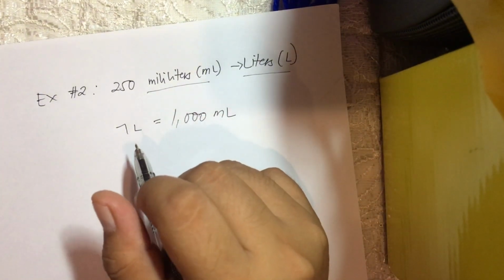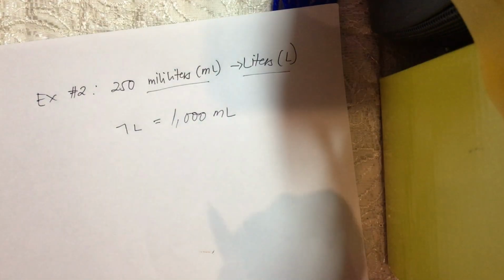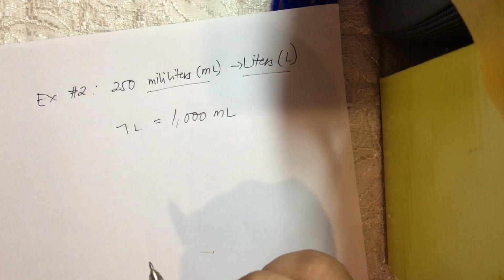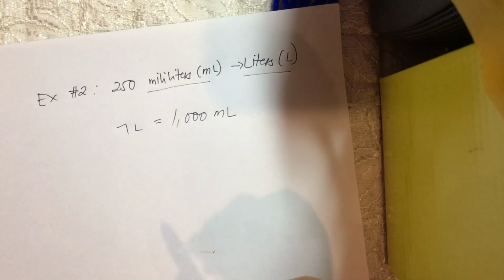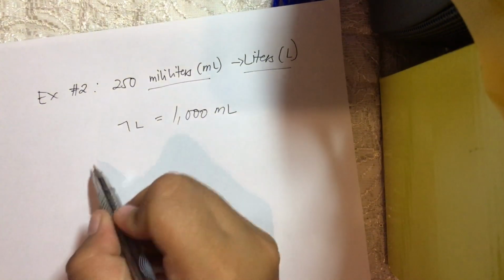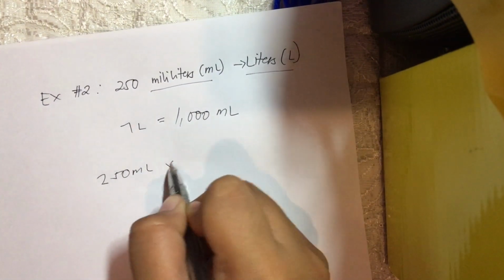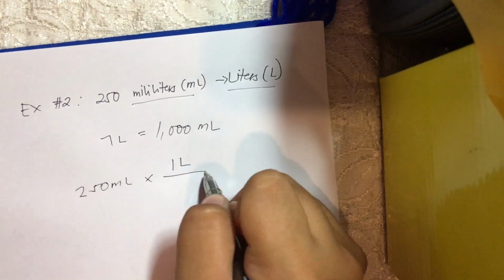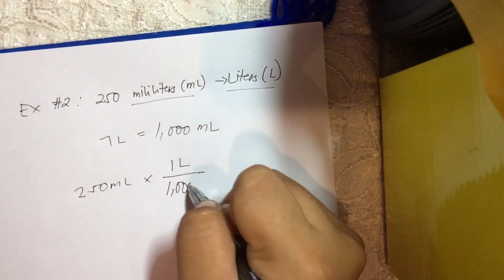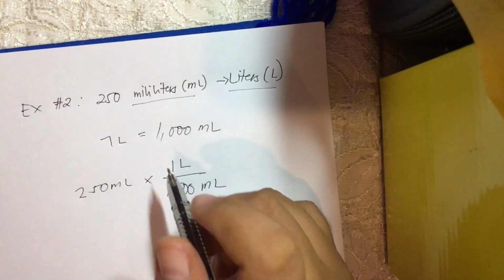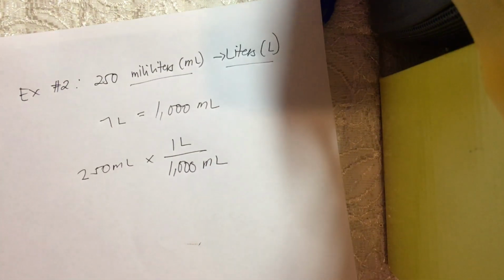Okay, very good. Then, we have to set up the conversion equation, or we have to write the equation. So, 250 ml times 1 liter over 1,000 ml.